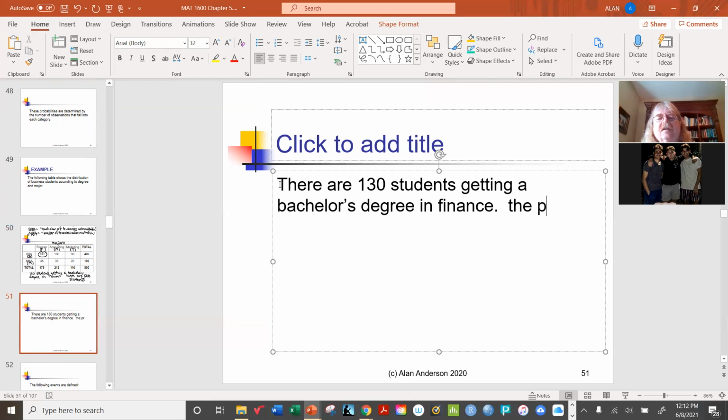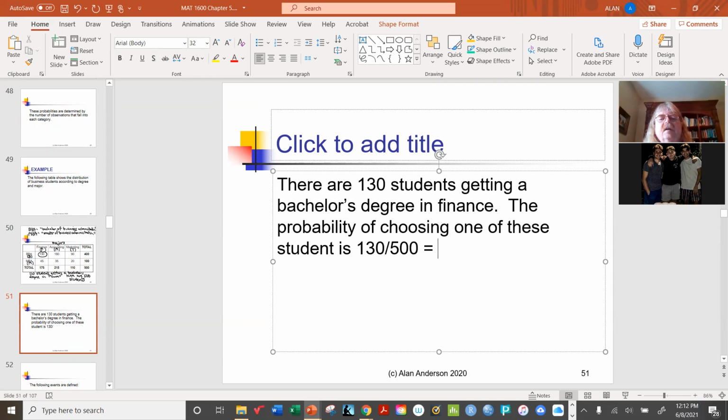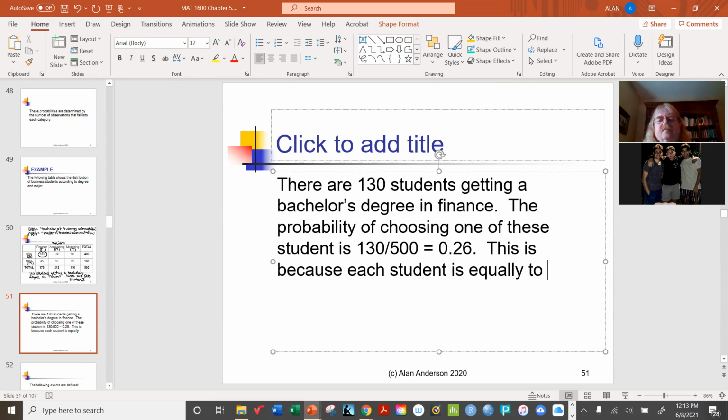The probability of choosing one of these students is 130 out of 500, or 0.26. This is because each student is equally likely to be chosen. So you just count up how many students fall into that category and divide by the grand total, and you've got 26%.